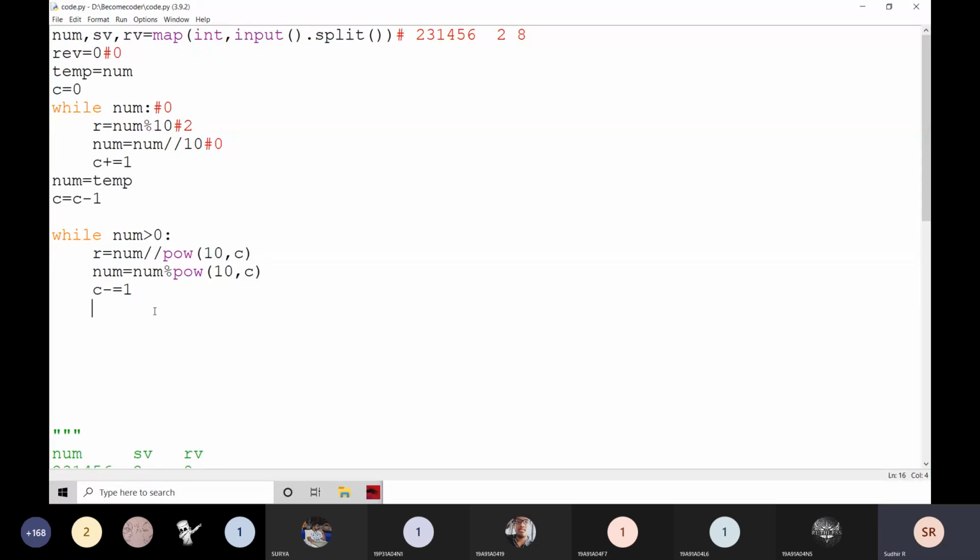Okay, now I'm going to write the R value, now with the first value. Now I'm going to check if R mod 2, if R is divisible by SV, then I have to do it. Then, for example, REV is some empty value. Then REV is equal to some new number.